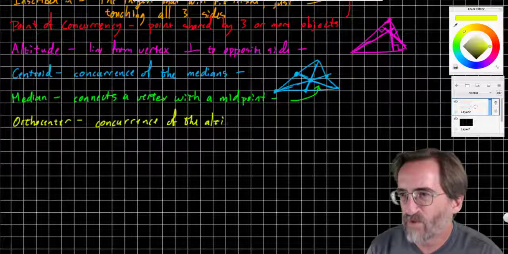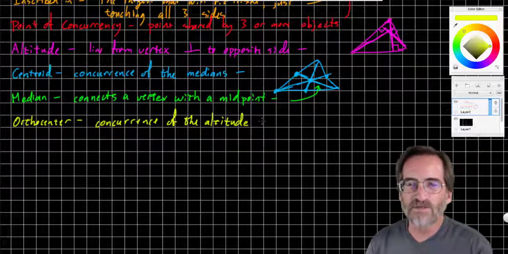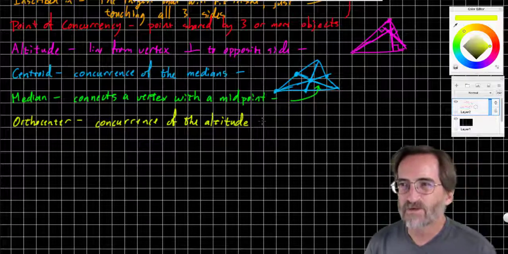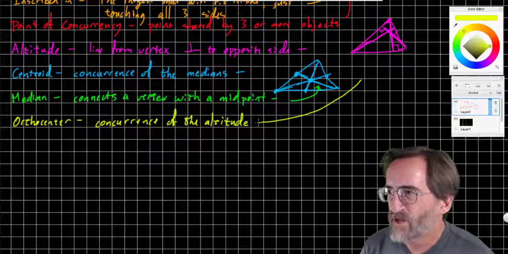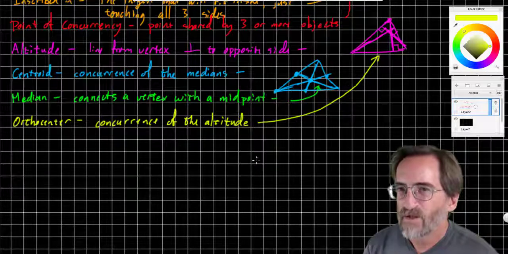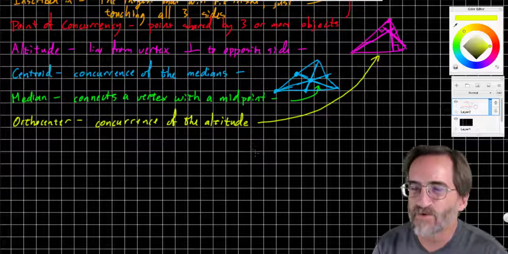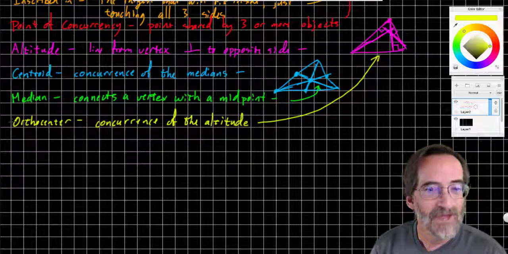And it's really important in this unit that you get straight all four of these words: orthocenter, centroid, incenter, and circumcenter, and what they're formed by. The example here is right there. It's the concurrence of the altitudes, and the altitudes are lines drawn through a vertex that are perpendicular to the opposite side. And that is it.